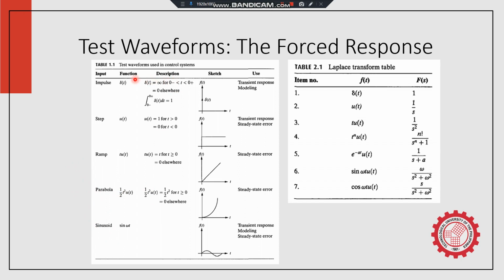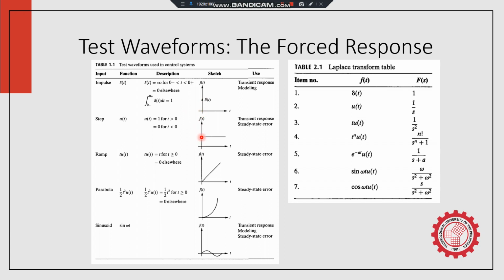These are the symbols of the functions. I believe we are very much familiar with this already. They're mathematical equations to describe the function. And the sketches, so for the impulse, it's one pulse for one instant of time.